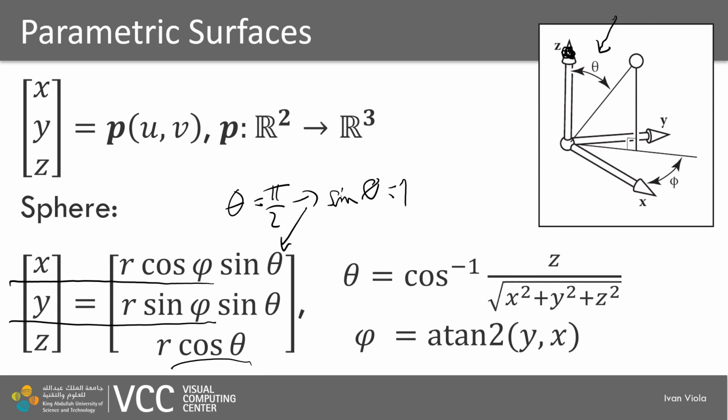Sometimes it is interesting to look at how such a sphere parametrization can be converted into points in space. So which points does it correspond to? And this is what we did now with this parametric representation, but sometimes we want to go the opposite way.